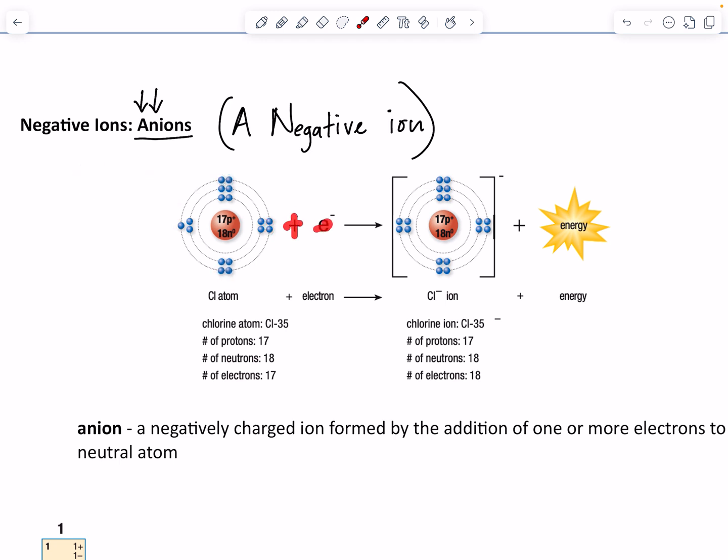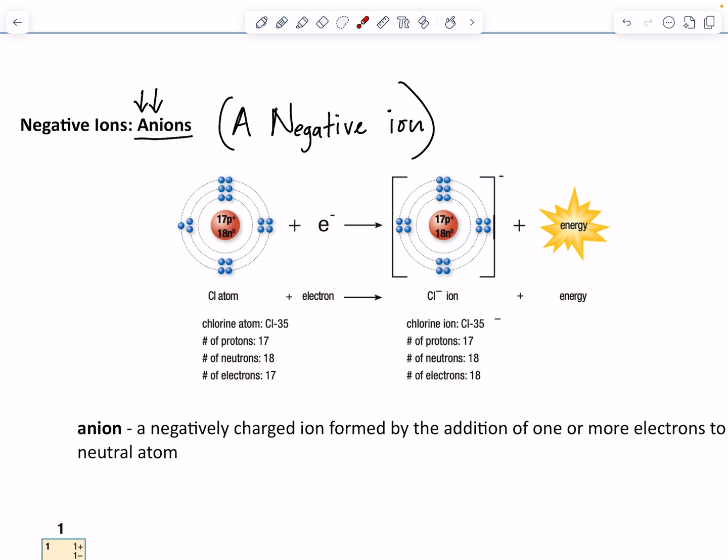So chlorine will gain an electron, and now in its outermost shell, it will become stable because it has 8 electrons. Since it has gained an additional negative charge, we call this an ion. We have square brackets around the model of the atom, and at the top right-hand corner, we have the valence or the charge of the atom.